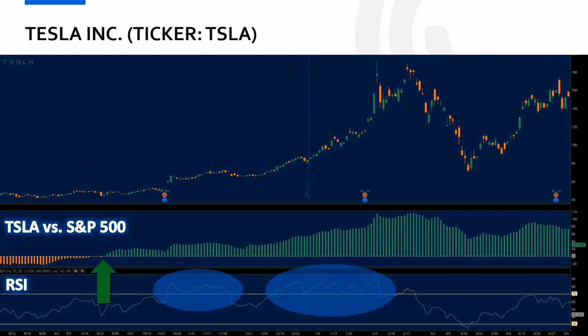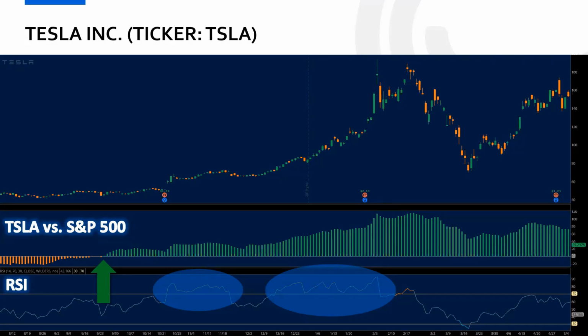Okay, but then something interesting happens towards the end of September, and Tesla begins to outperform the S&P 500. And our indicator told us that on a very specific day. So there's no guessing whether Tesla is diverging from the RSI or whether the current RSI reading is overbought or oversold. There's no guesswork. We don't need to interpret a level on the RSI.